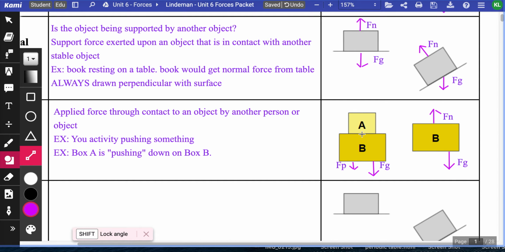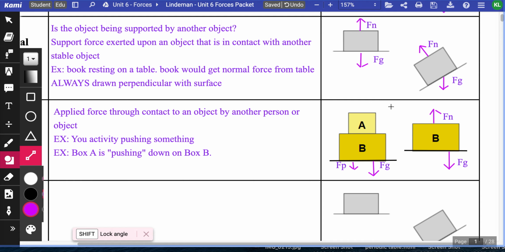So then when we think about Fn, the surface beneath box B, let me just draw this in really quickly. This is on a surface. The surface beneath box B, do we see that it's supporting both of the boxes?